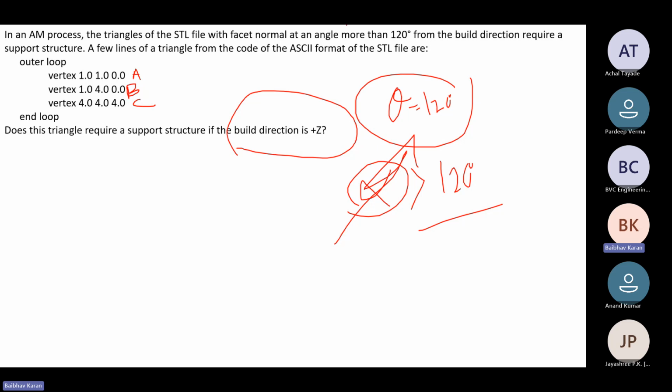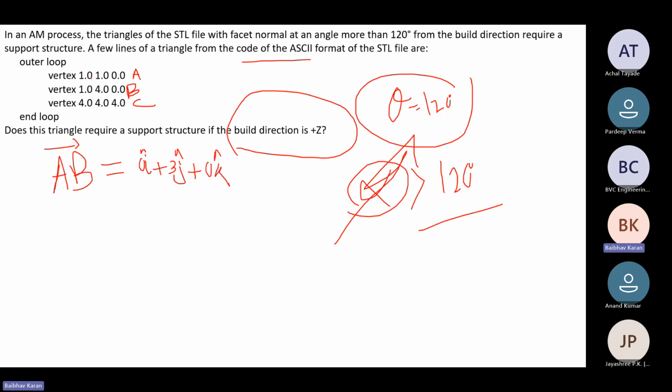Okay, so we have points A, B, and C. To find out the unit normal, we need to find out AB and AC. What is AB? AB is 1 minus 1, 0 i cap, plus 4 minus 1, 3 j cap, plus 0 minus 0, that's 0 k cap, right?